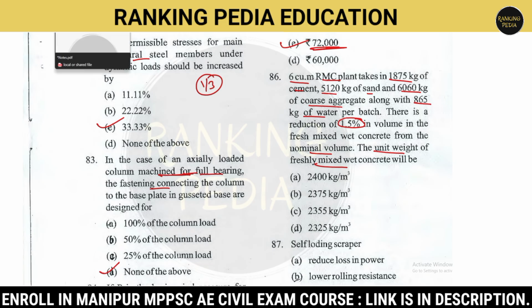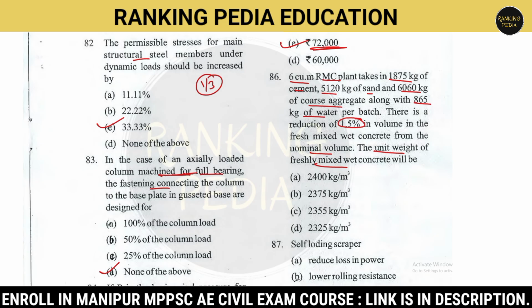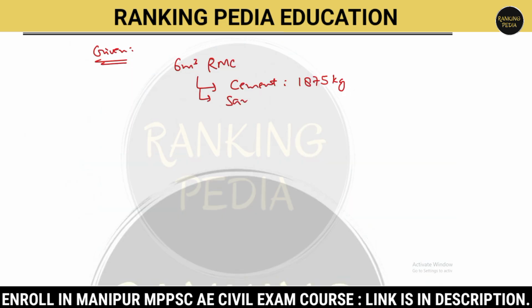Cement is 1875 kilogram. Next is sand, which is 5,120 kilogram.